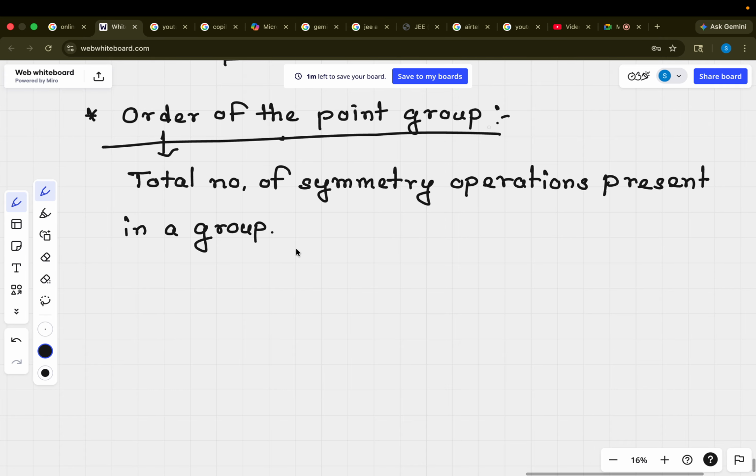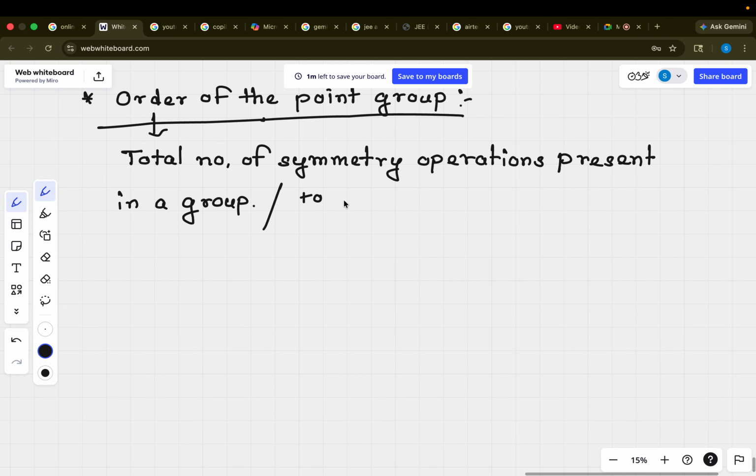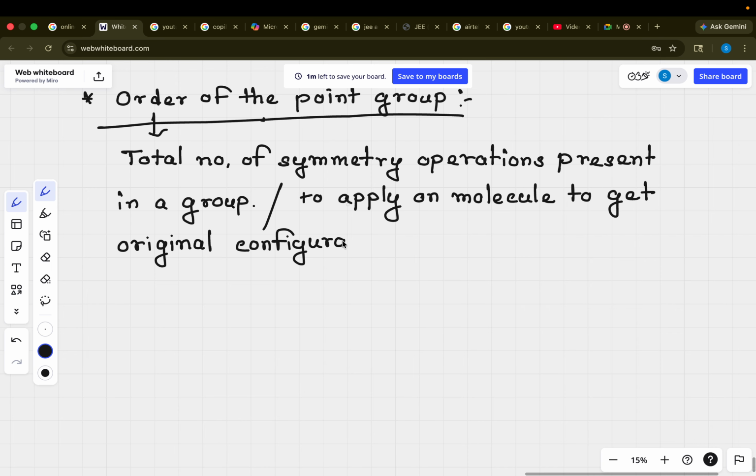You can also say the total number of symmetry operations present in a group, or you can write it like this: the number of operations to apply on a molecule to get the original configuration back.